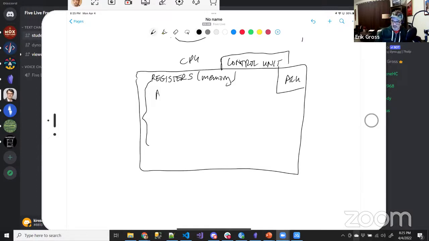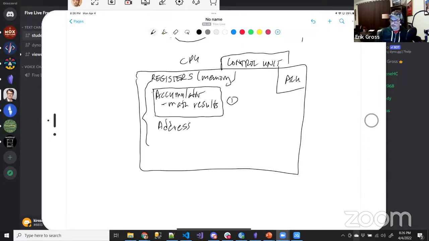One is called the accumulator. It's for storing math results. Remember I said that we might actually have that answer of 9 come back? It would be put into here temporarily until the CPU is ready to send it to an output device of some sort, or to use it in some other operation. That's one register.